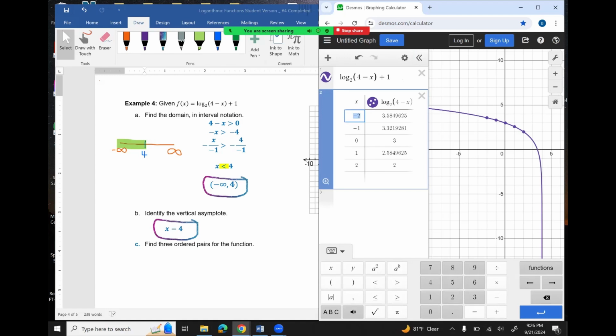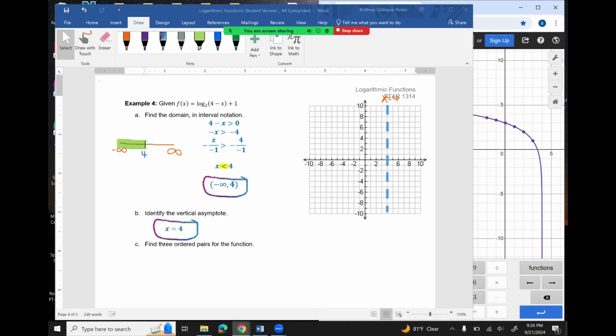We're going to pick our values. And if you notice that some of these give us nice values, which is cool. If I plug in 3, I get another nice value. But if I plug in 4, I get undefined. And remember, that's because that's where our vertical asymptote is.